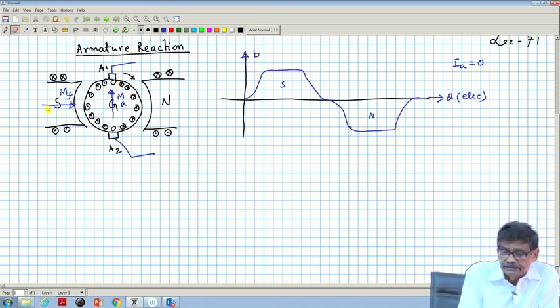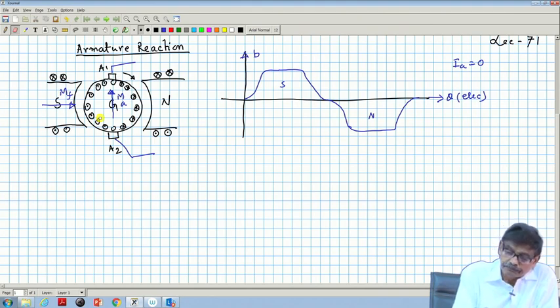You can easily see there is no component of MA, the armature MMF, which opposes MF directly, but it will only distort this field such that the lines of force will be concentrated on this side and rarefied on this side. That is what I discussed, I am not repeating that.